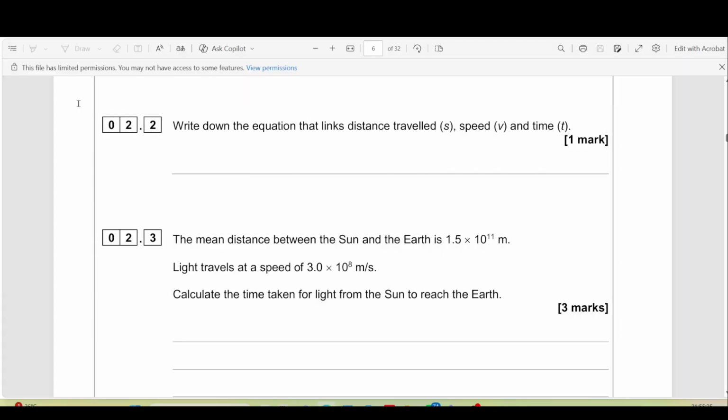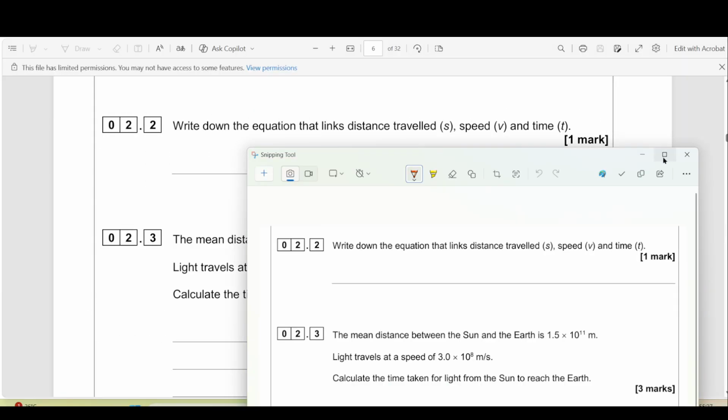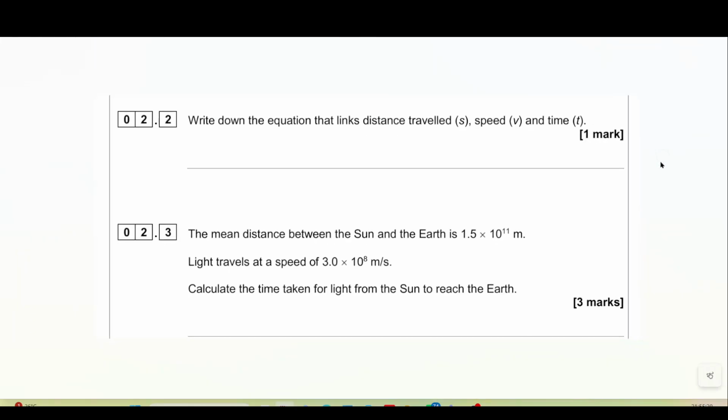So distance s equals vt. Yeah, s equals vt. You can say that. s is distance.